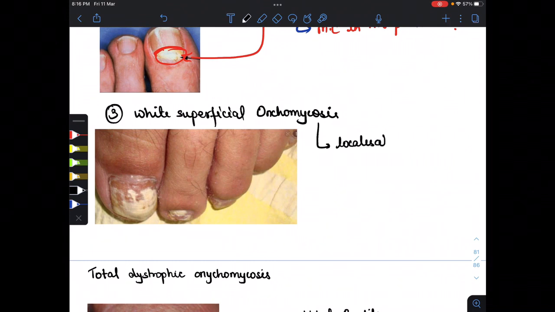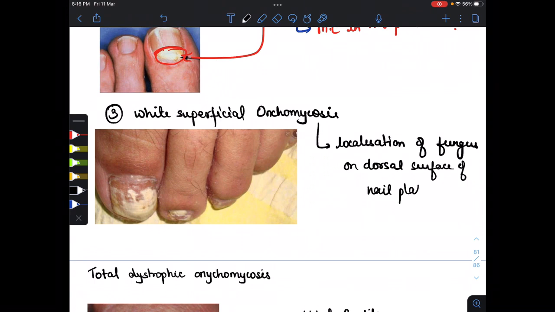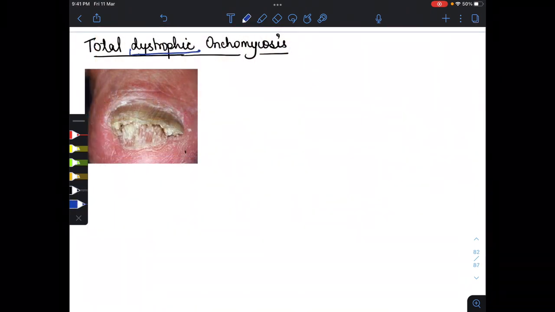Then there is total dystrophic onychomycosis, where dystrophic means total destruction, so the nail plate becomes totally dystrophic.